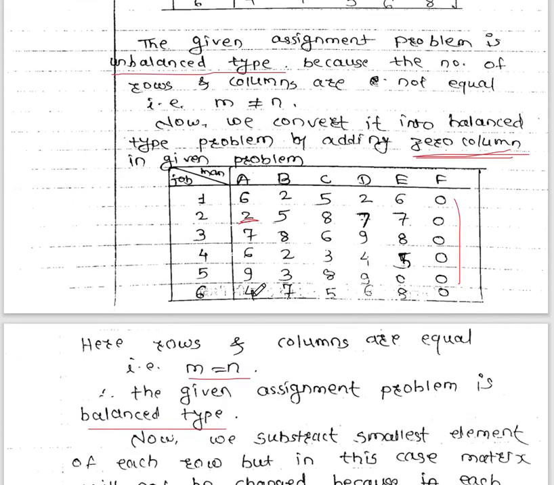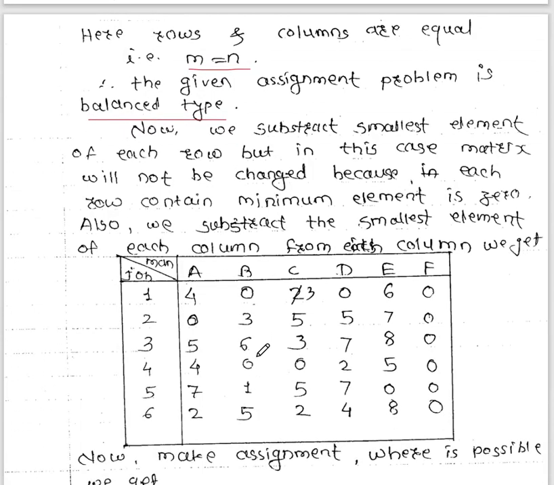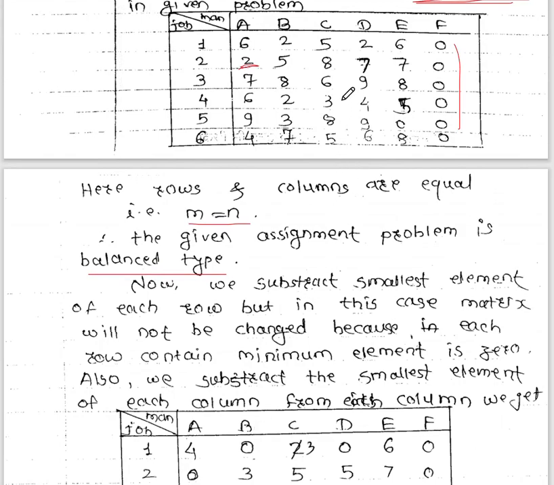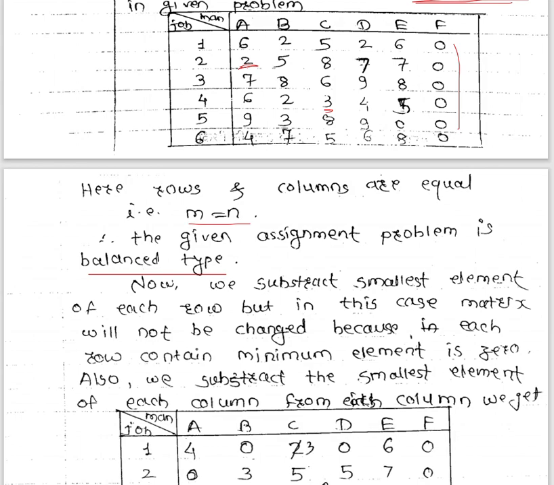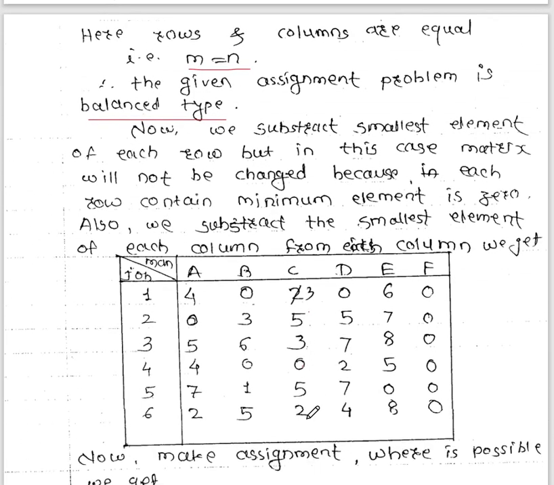In the second column, select the smallest element, that is 2, and subtract it from each element of the second column. So it becomes 0, 3, 6, 0, 1, 5. Similarly, from the third column 3 is the smallest element, so we subtract it, and it becomes 3, 5, 3, 0, 5 and 2.